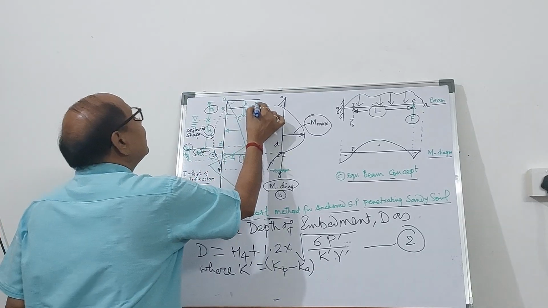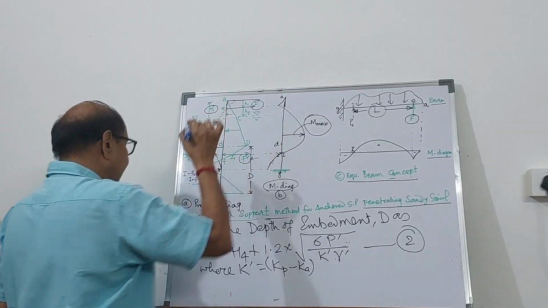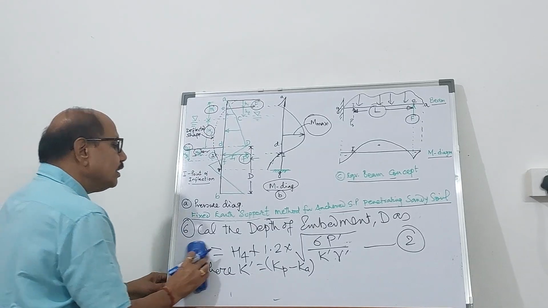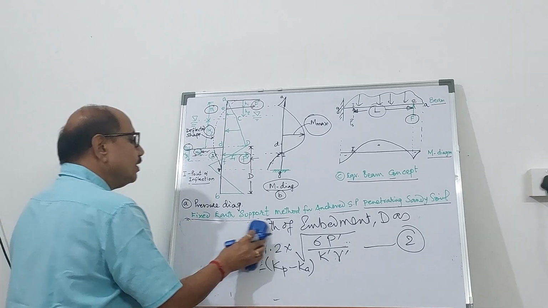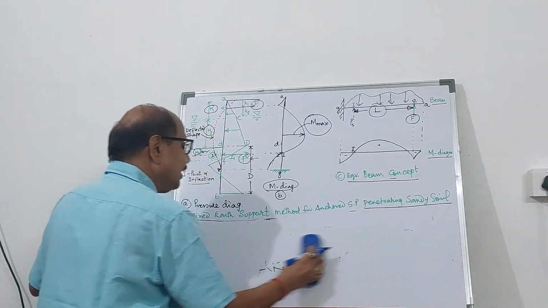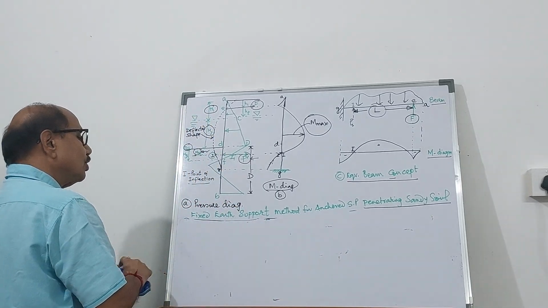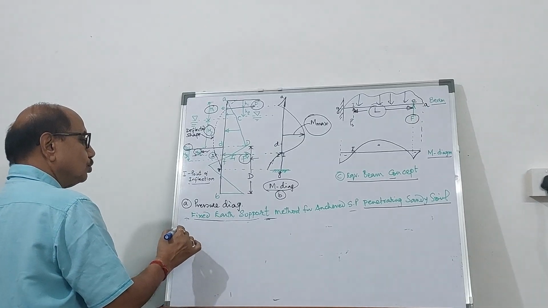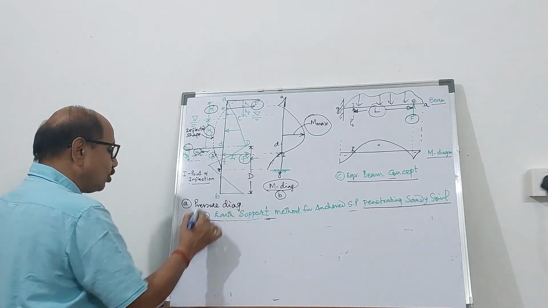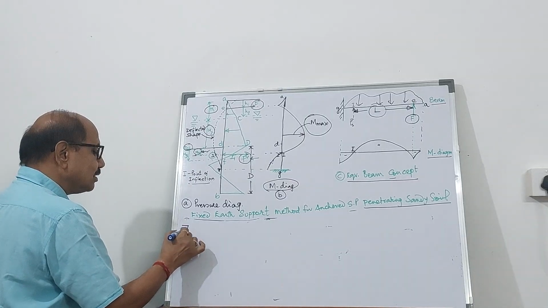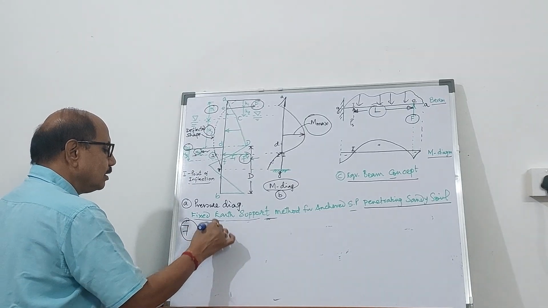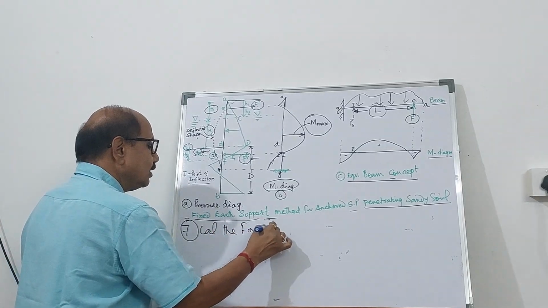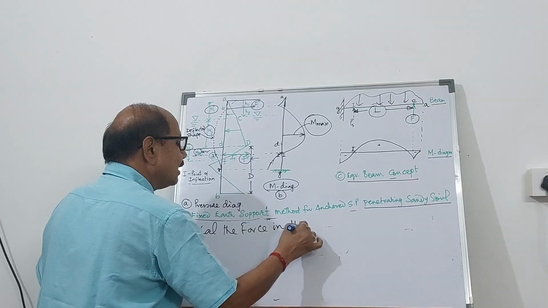Now, how to find out the force in the anchor rod? Let's say the force in the anchor rod is F. So the next step is to find the force in the anchor rod. So in the fixed earth support method, you are in a position to calculate the depth of embedment, and the last step is to calculate the force in the anchor rod.